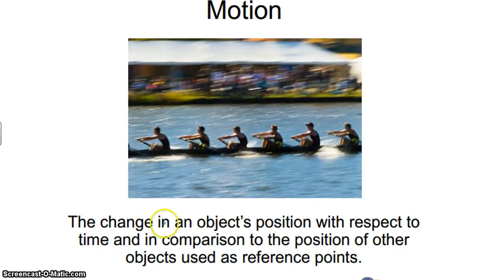Motion is the change in an object's position with respect to time and in comparison to the position of other objects used as reference points. You can really only tell that something's moving if it is moving in a different spot compared to something else as a reference point. And we will talk about different types of motion again tomorrow.